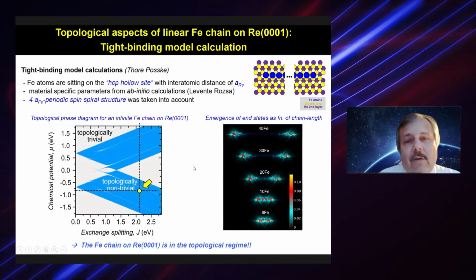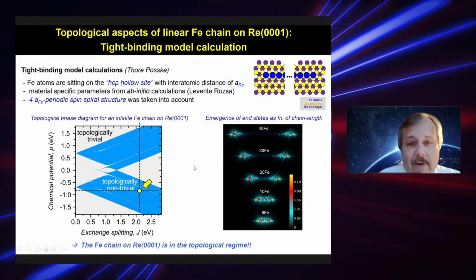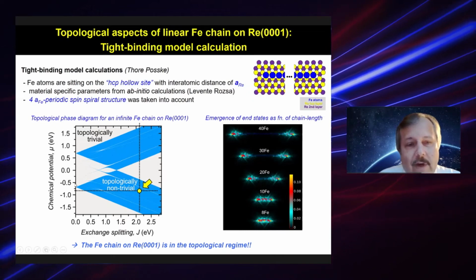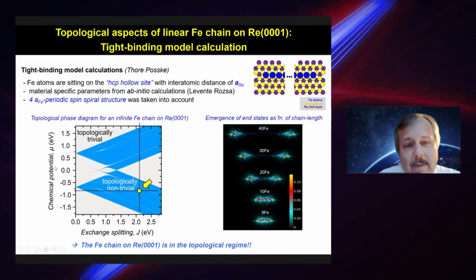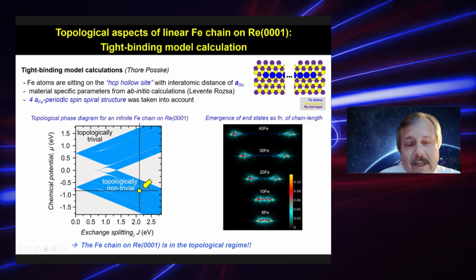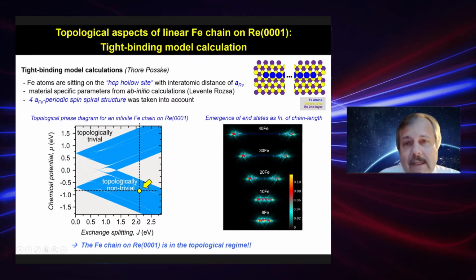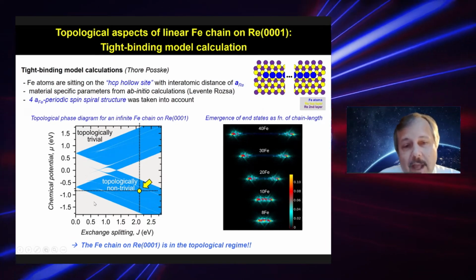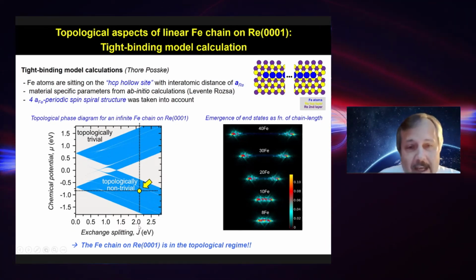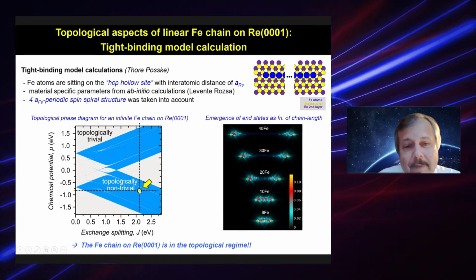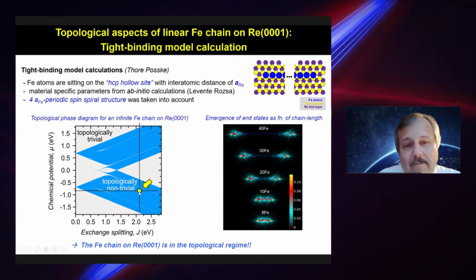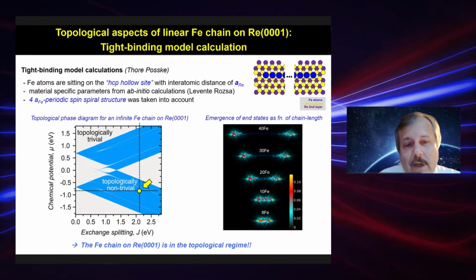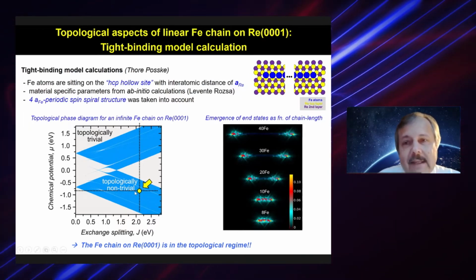And theory, of course, can also tell us if we really have Majorana states present in the system, because theory can calculate the topological phase diagram, where we plot on the y-axis the chemical potential and on the x-axis the exchange splitting J. And for our system, with parameters coming from the ab initio calculations, we see that for our iron chains on rhenium, we are deeply in the topological non-trivial regime. So we can really interpret these zero energy modes as Majorana states.